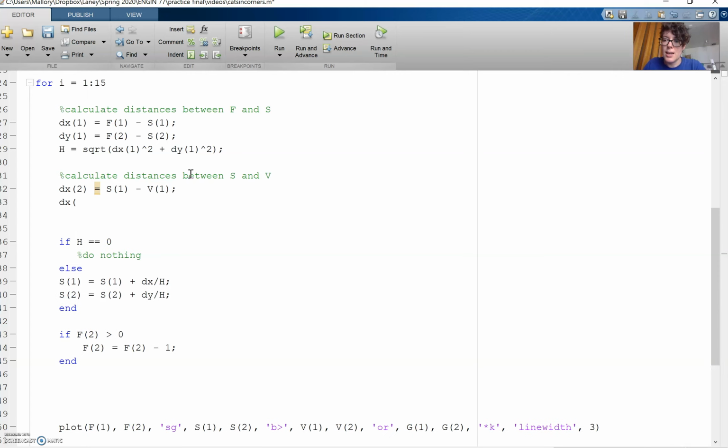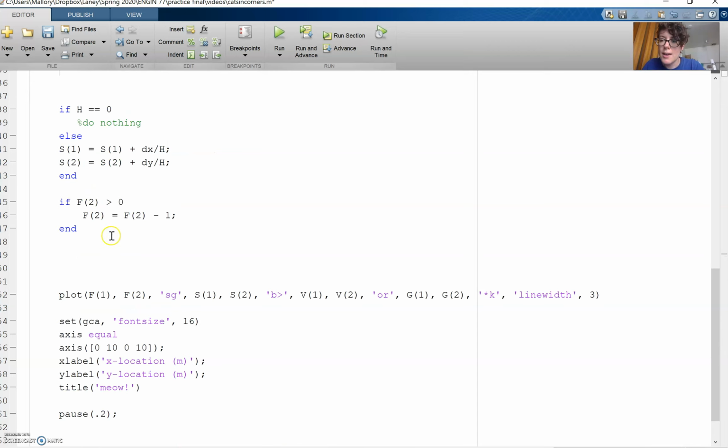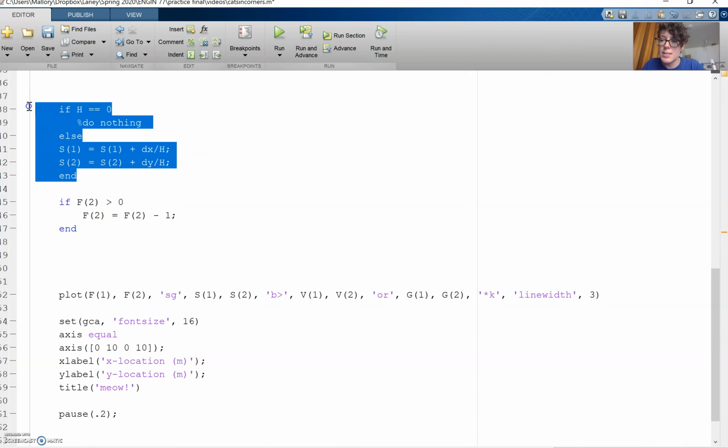And dy of 2 is going to be our y distance, so S2 minus V2. And then h, our hypotenuse, is going to be the square root of dx of 2 squared plus dy of 2 squared. We're going to have a similar if statement here.